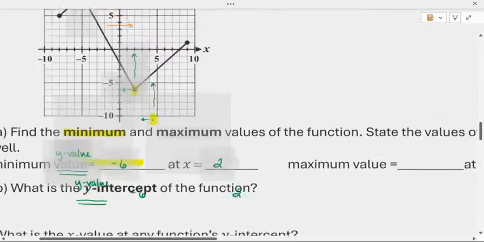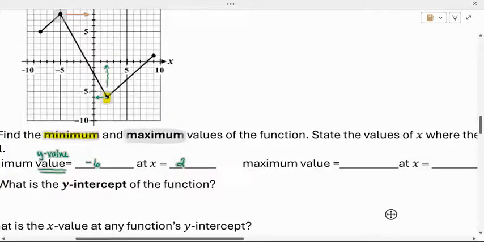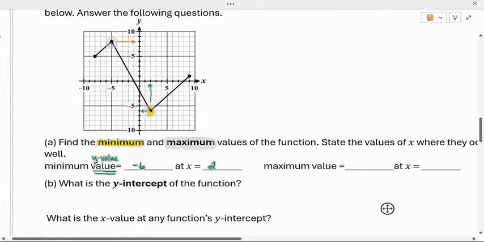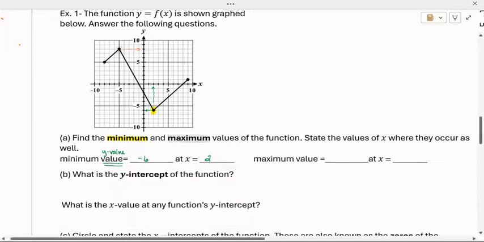I heard someone say it. It's 8. And it happens when x equals what? -5.